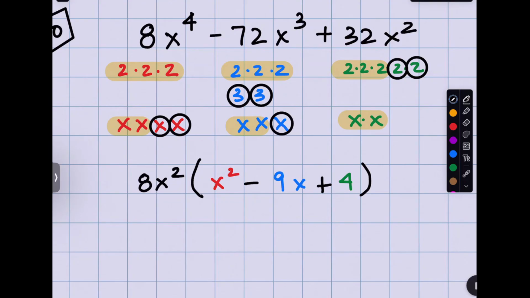Meaning, I know that 8 is 2 times 2 times 2. 72 is 8 times 9. 8 is 2 times 2 times 2. 9 is 3 times 3. 32, I already know that is 5 2s. Are you concerned that the factor tree is going to take too much space on your paper?